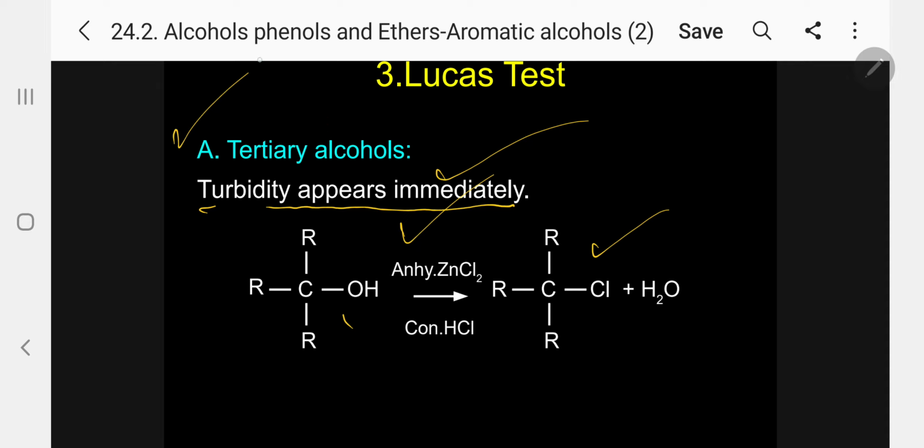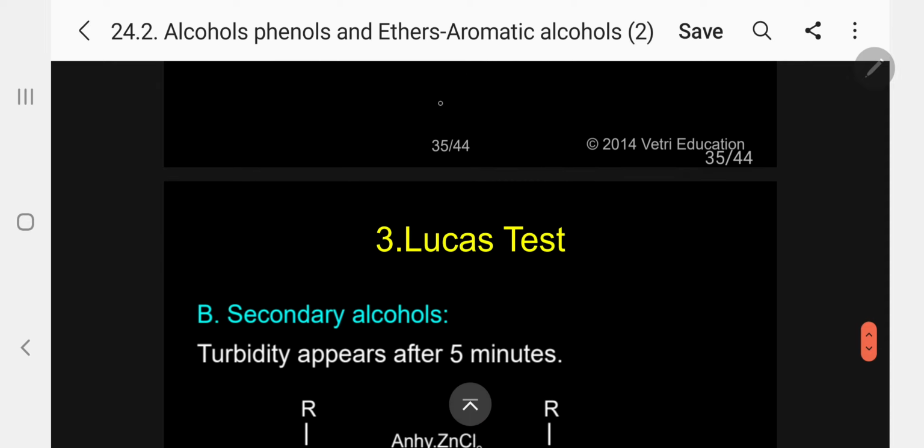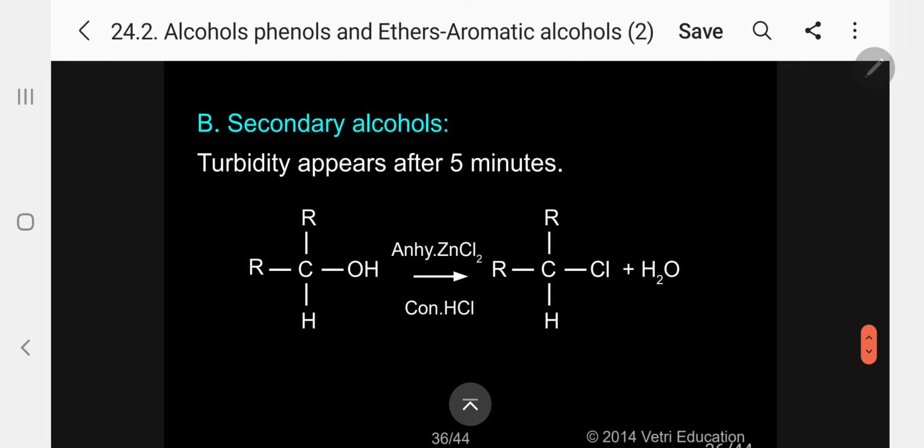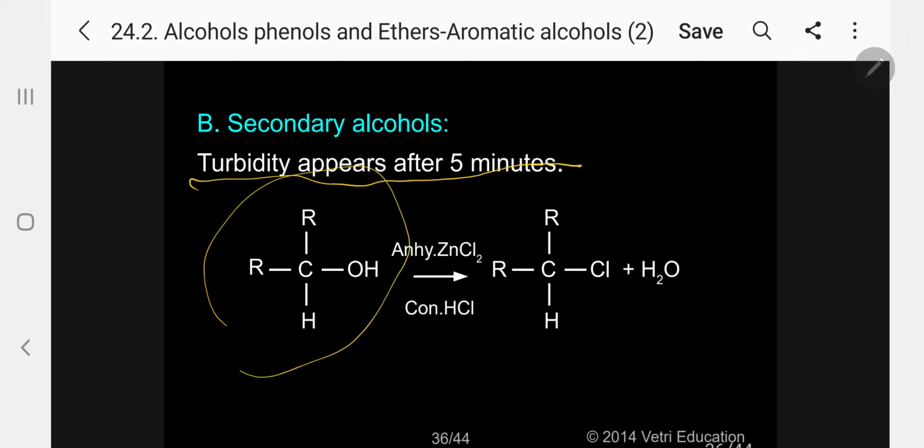It is tertiary. In the case of secondary alcohol, kindly follow, turbidity appears after 5 minutes. This is secondary. Again the same halogenation, that is a substitution reaction, takes place, but this reaction is comparatively slow, so it takes 5 minutes.